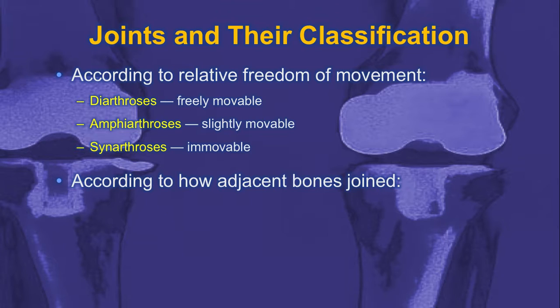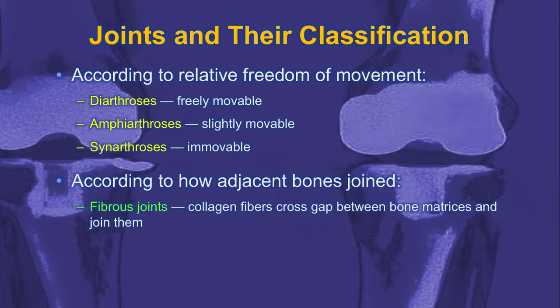Now, we also classify them structurally. So how do the two bones join together? These are rocket science. You ready? Fibrous joints are held together by fibers.